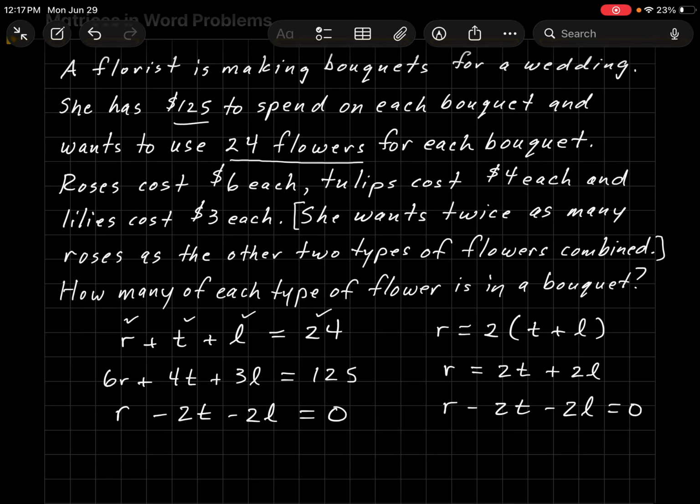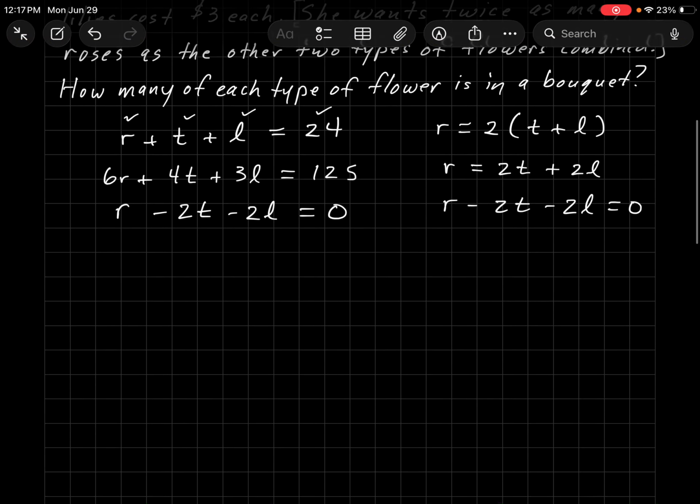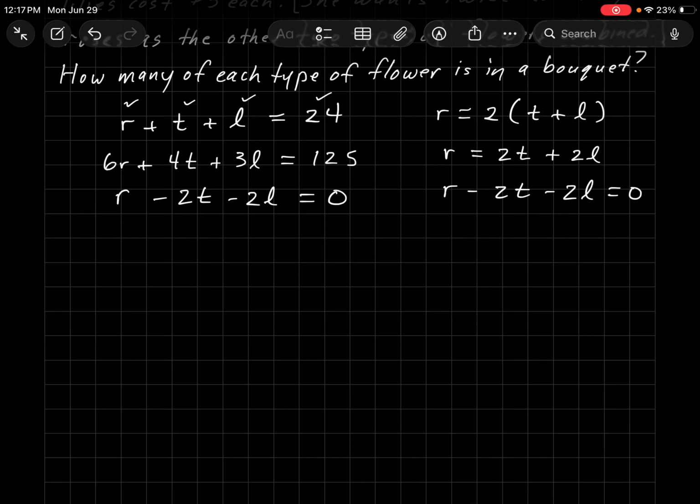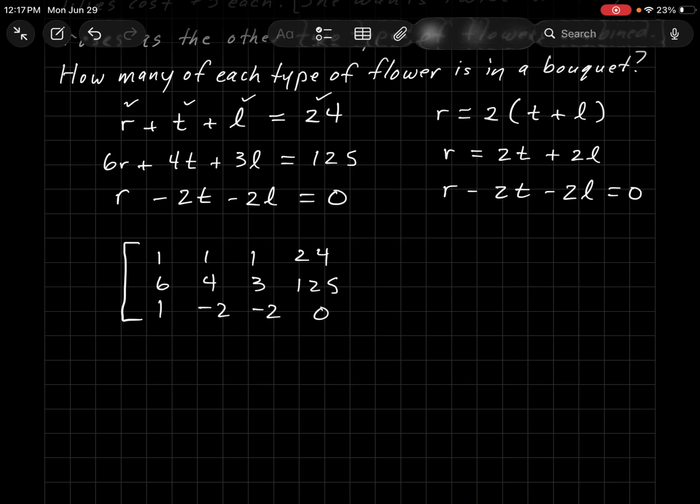And that's going to become my third row. Once I have my system, I can easily type this into a matrix calculator after I get my augmented matrix, which is 1, 1, 1, 24, and then 6, 4, 3, 125, and then 1, negative 2, negative 2, 0. So in a matrix calculator, I would call it something here.